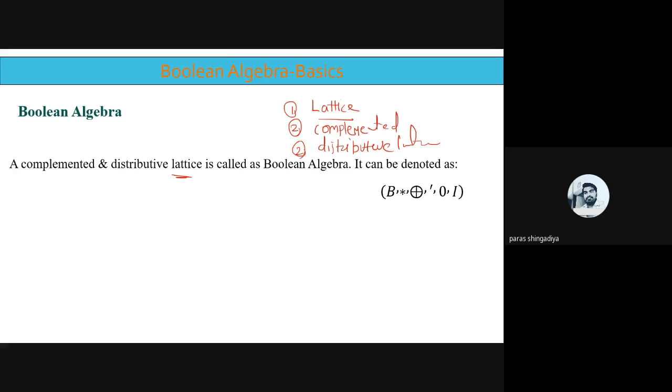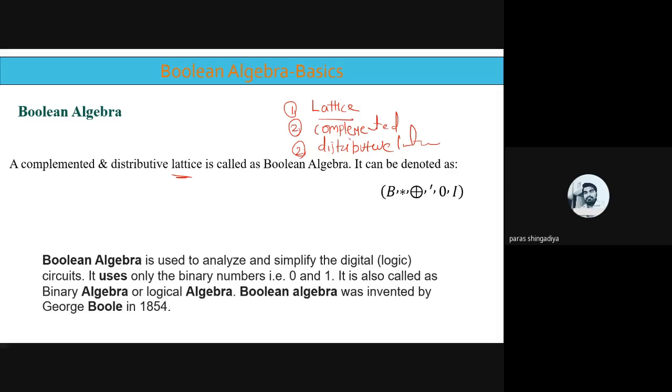Okay, so let us consider one example, and before that, here is one application given, and we already know the application of discrete mathematics that we discussed in unit number 1. Why do we learn the discrete mathematics concept? Here is one special application of Boolean algebra: Boolean algebra is used to analyze and simplify digital circuits. Okay, it is the application of Boolean algebra. Why we learn this topic: it is used to analyze and simplify a logic circuit. It uses only binary numbers, 0 and 1, and it is also called binary algebra, otherwise logical algebra. And it was first invented by George Boole in 1854. So this is one small preview of Boolean algebra. Why we learn this topic, what its applications are.